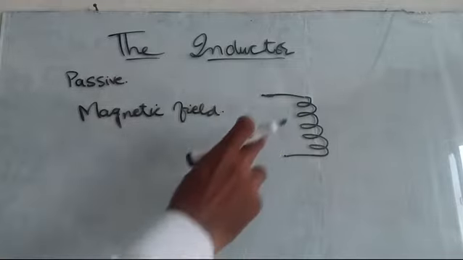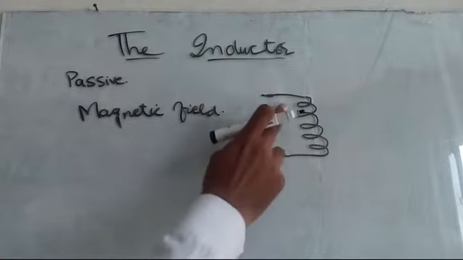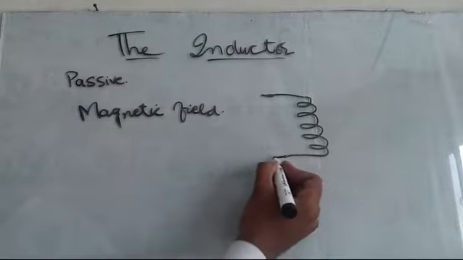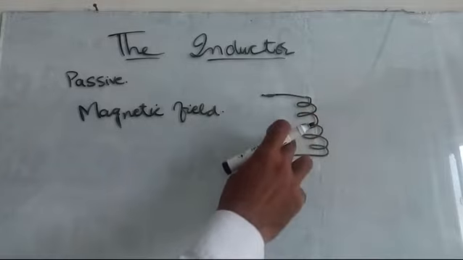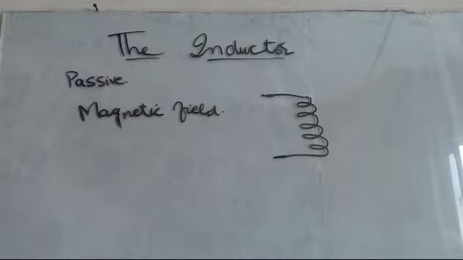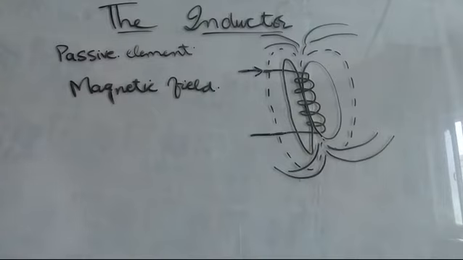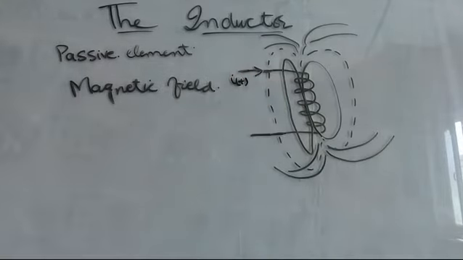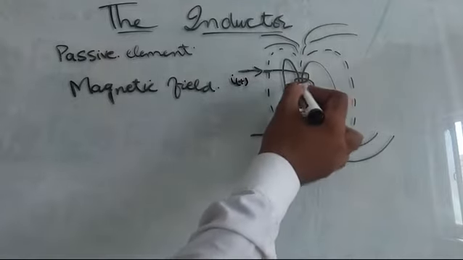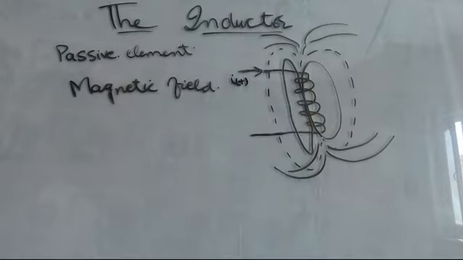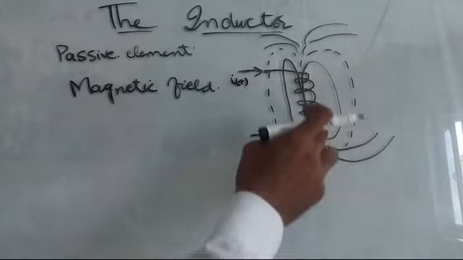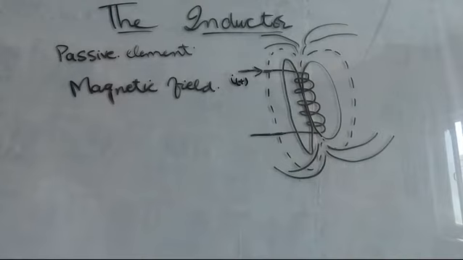So when we curl a wire, make a loop and make a solenoid from it, then when current i of t is flowing through this inductor, this coil, the individual coils will make their magnetic field, and when the magnetic fields combine, they will form the shape of these rings, like in a permanent magnet.